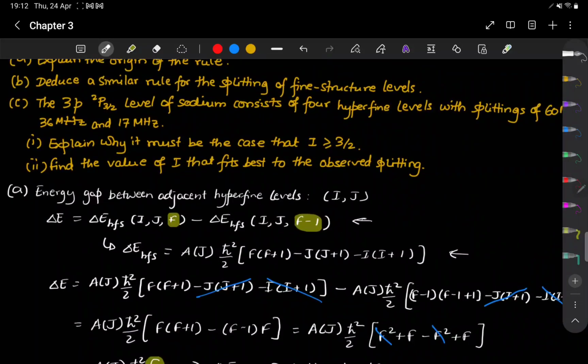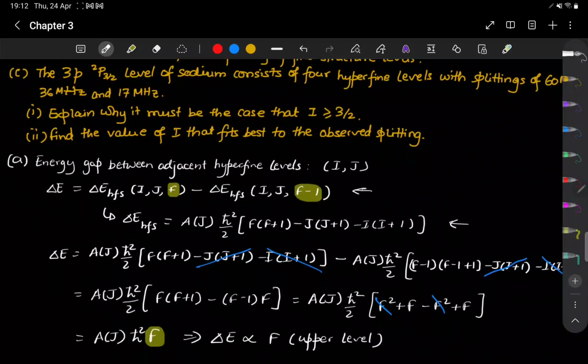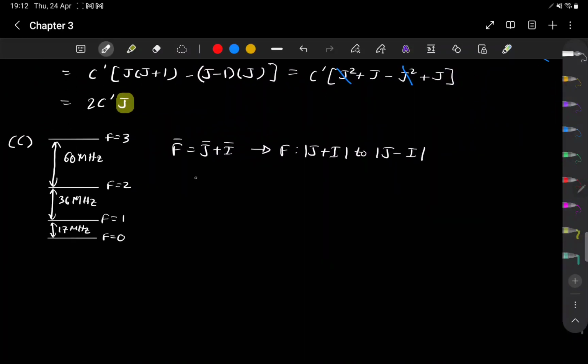And the spectroscopic notation that we are given is 2p3 by 2. This means this is the J value. J is 3 over 2.